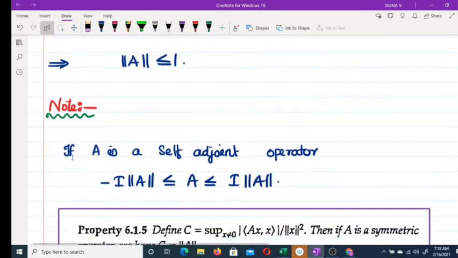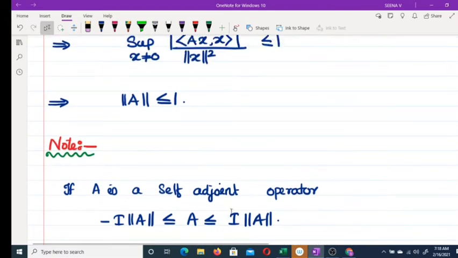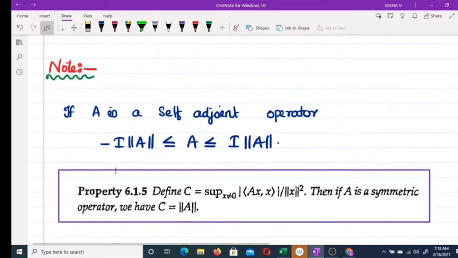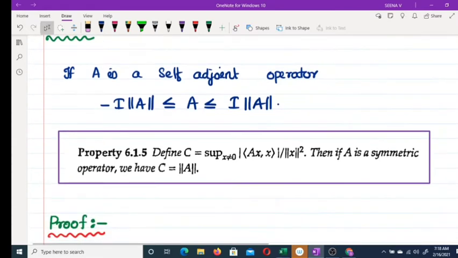Now there is another note as a continuation of our first property. If A is a self-adjoint operator, then minus I into norm of A is less than or equal to A less than or equal to I into norm of A. We have defined C equal to supremum over x not equal to 0 of inner product Ax x by norm of x square.